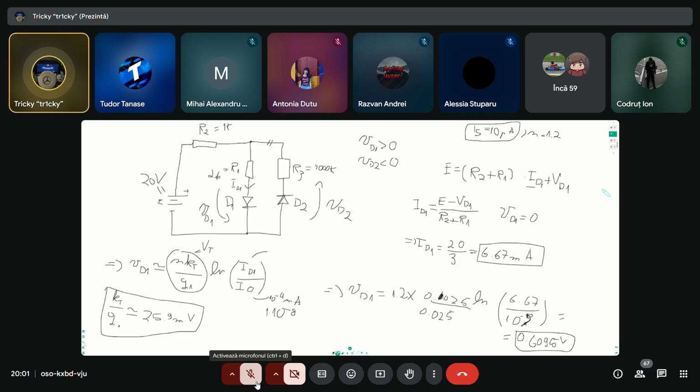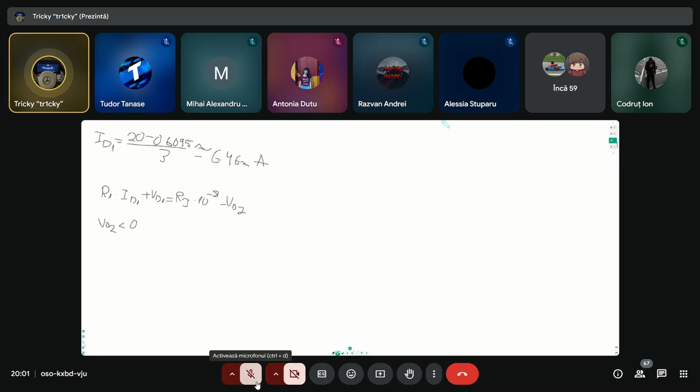So from what I remember, there was the table, right, with VD1 and ID1, and you do the approximations like when VD1 is 0, how much is ID1, and for when you get ID1 and you go back and you calculate VD1, right, like let's name this X, or actually we know the value of it, like 0.6095.